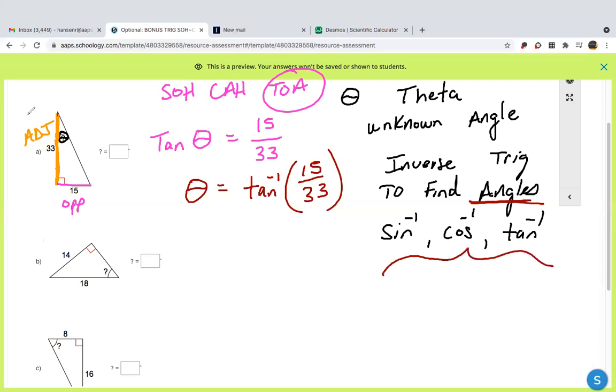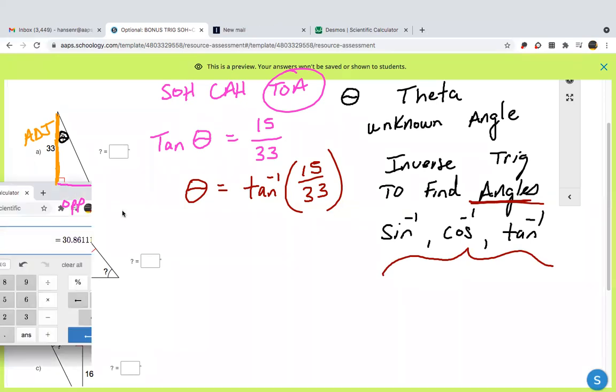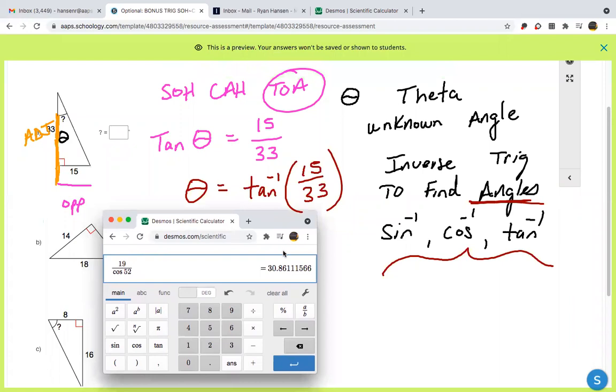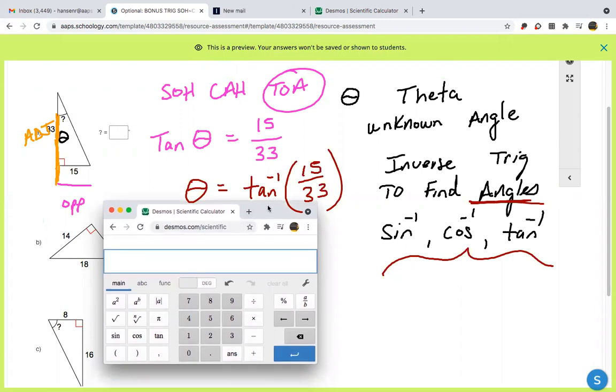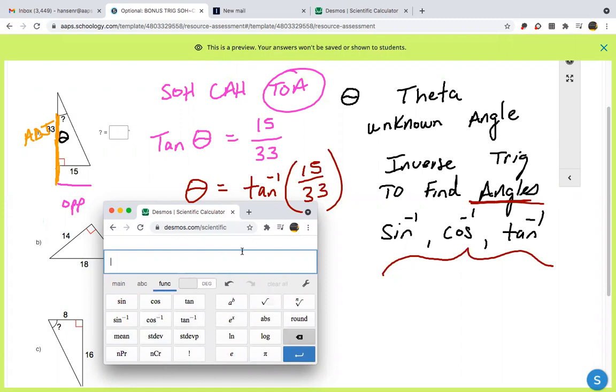So if I pull over my trusty calculator, what I'm going to do, folks, is I'm going to clear, and I'm going to find the inverse functions. They're not on my main screen. Now, on a lot of calculators like TI-84s, you have to hit the second key, second tan. On this one, I have to hit the function menu, func, to get more stuff.